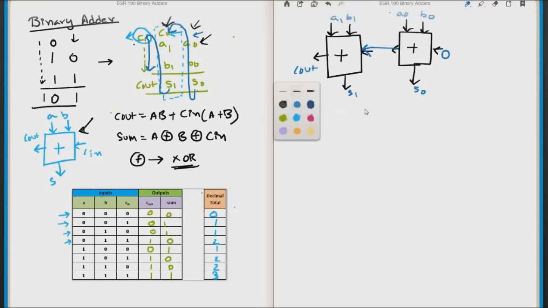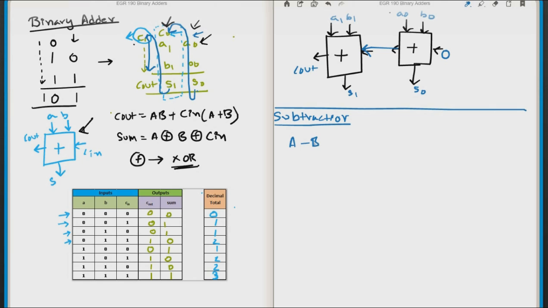Now let's look into something different. How do you do subtraction? For subtraction, A minus B, earlier what we did was A plus the 2's complement of B. The 2's complement of B is nothing but the 1's complement of B plus 1.